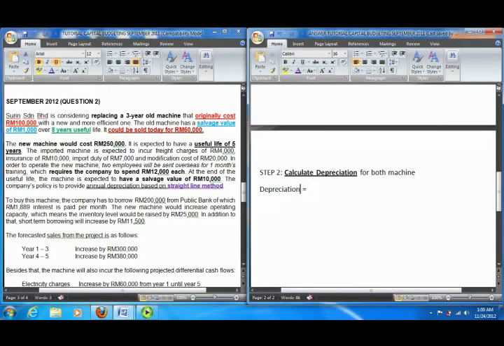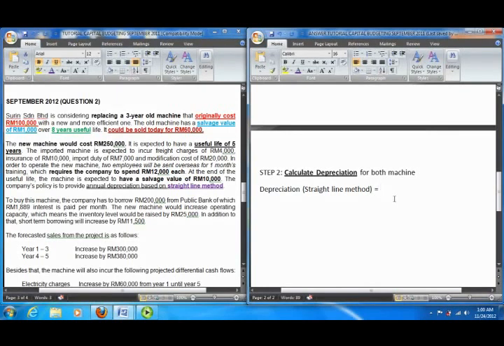So you must use the formula for the straight line method. Alright class, do you remember the formula?